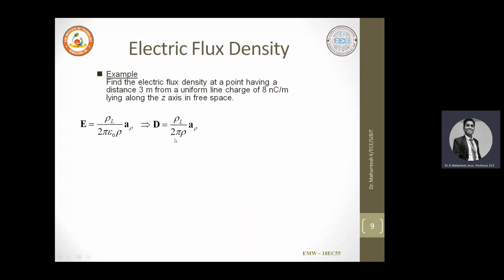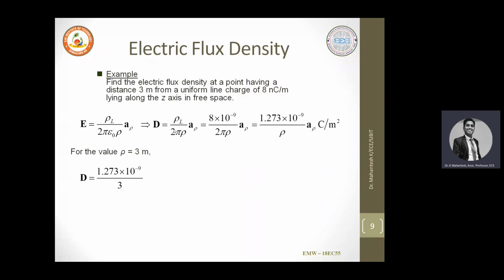D is equal to rho L by 2 pi rho, a rho, because D is equal to epsilon naught E. Substituting and solving for rho equal to 3 meters, that is radius equal to 3 meters, we obtain D equal to 1.273 into 10 power minus 9 by 3, which leads to 4.244 into 10 power minus 10 a rho coulomb per meter squared.